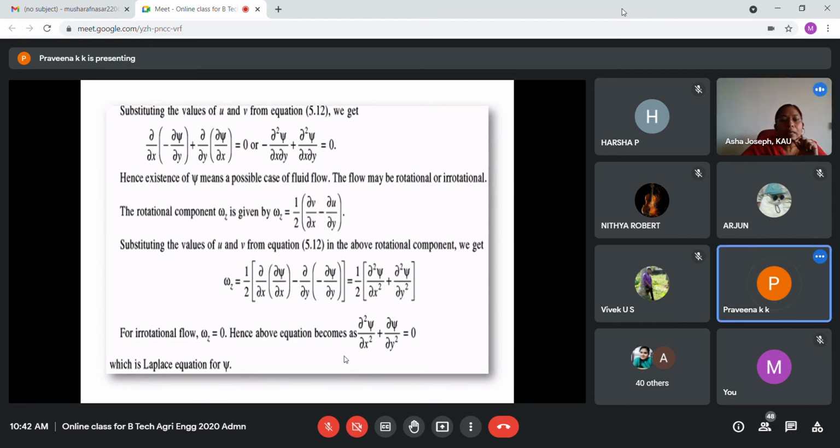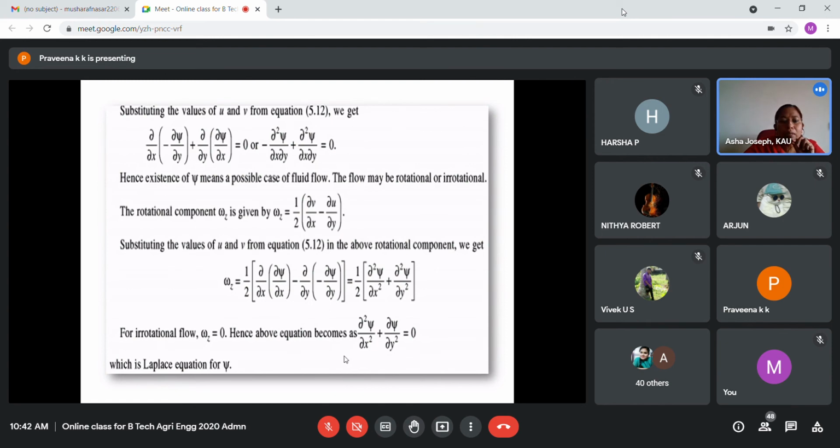See, one minute once again. Wz is equal to this, which is equal to dou psi by dou x square. For irrotational flow, this component Wz will be 0, so this term becomes 0. Since this is a constant, it cannot be 0, so this term alone will be 0.